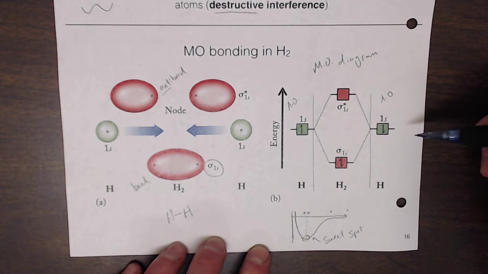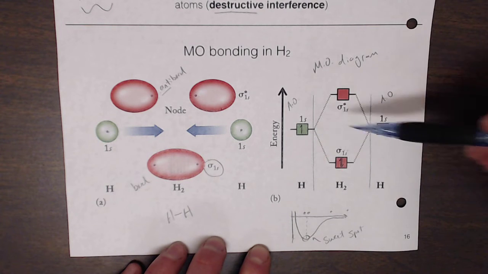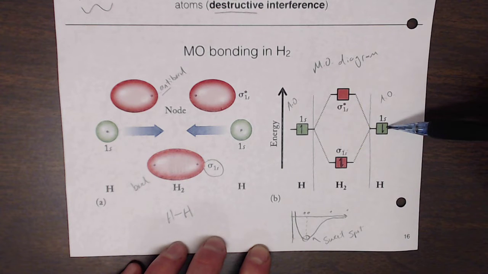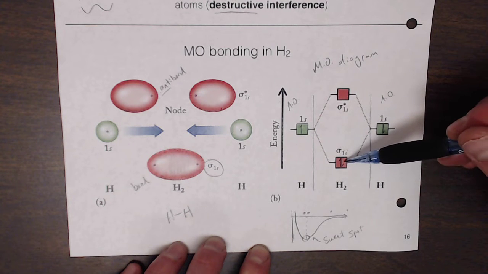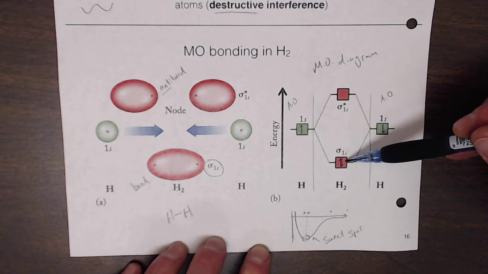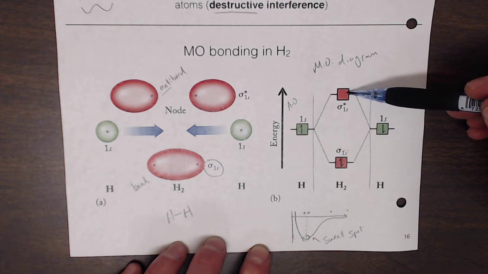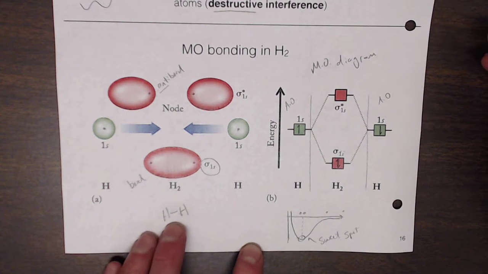And then finally, when we want to populate the MO diagram, we recognize we have one electron in our atomic orbital, another electron in our other atomic orbital, and one electron plus one electron makes two electrons, a pair. And so it's predicted hydrogen will have one sigma bond and no antibonds. And this makes the hydrogen molecule very stable.